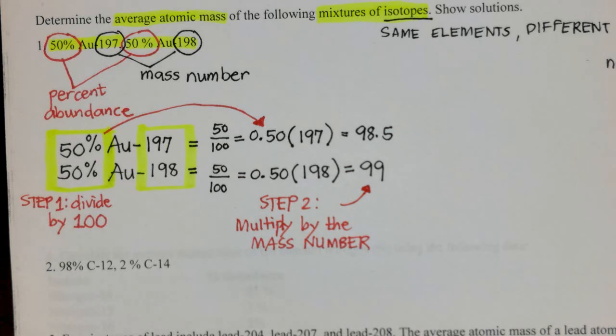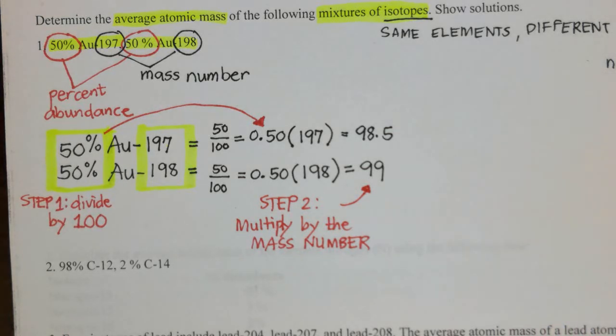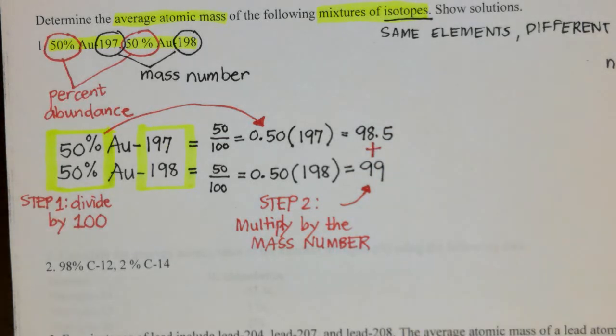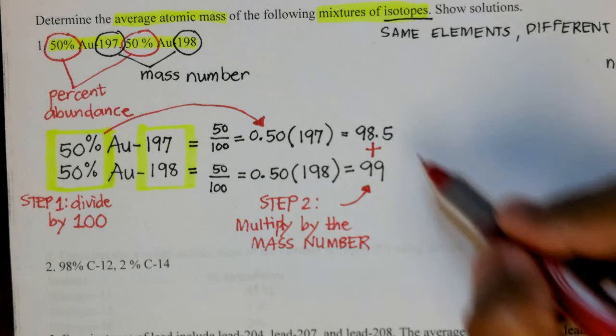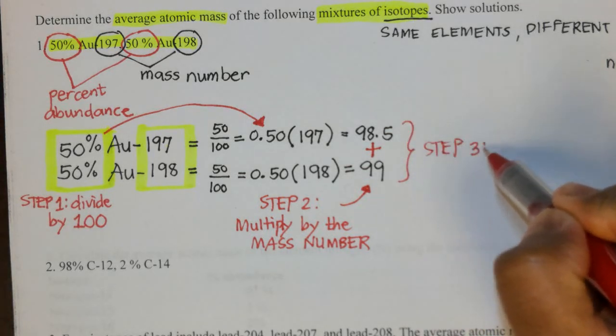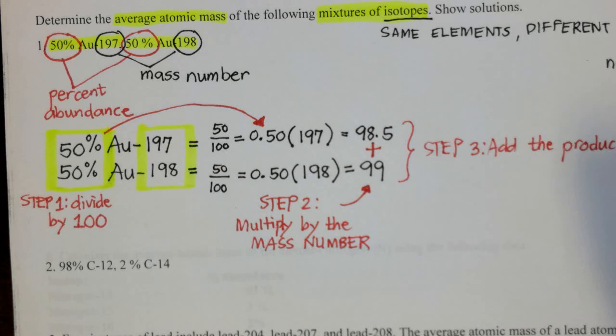And once we're done with step 2, we are now going to the last step. How do I combine the two products here? All you need to do is add them. And that is step 3. So step 3 is add the products. So let me show you how to add that.